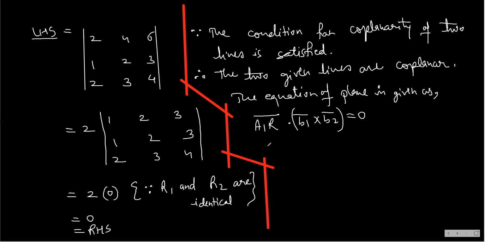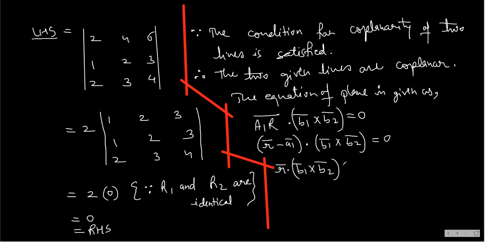That is R bar minus A1 bar dot B1 bar cross B2 bar is 0. That is, R bar dot B1 bar cross B2 bar equals A1 bar dot B1 bar cross B2 bar.